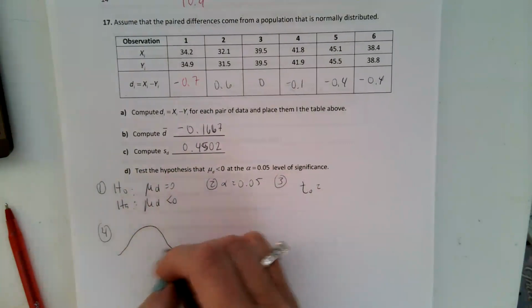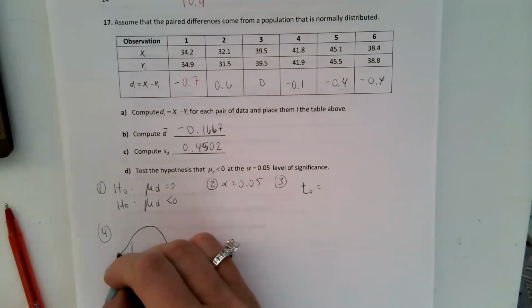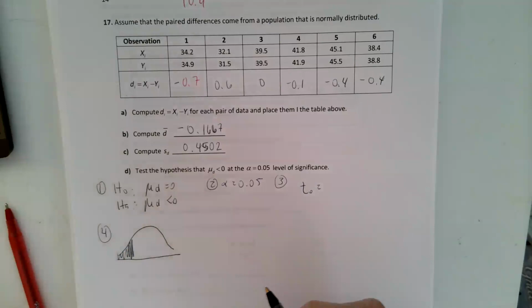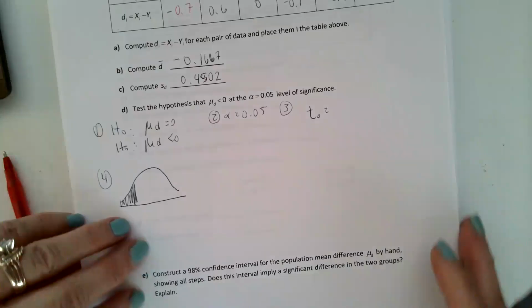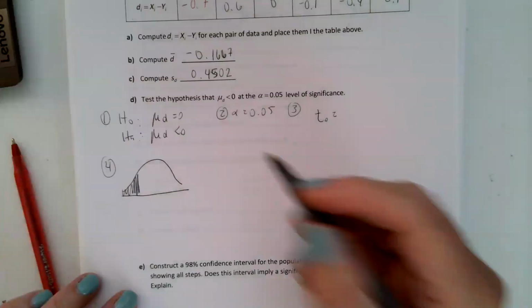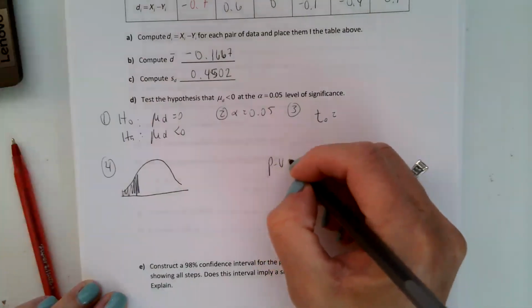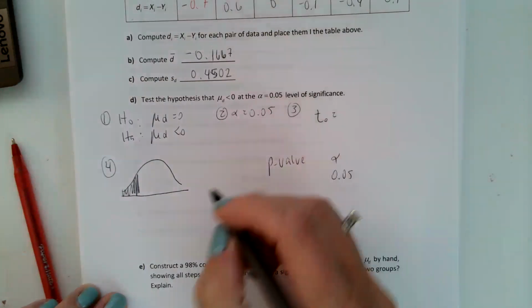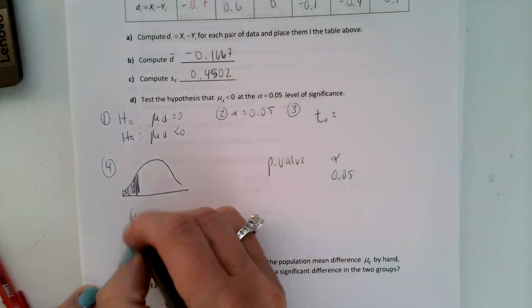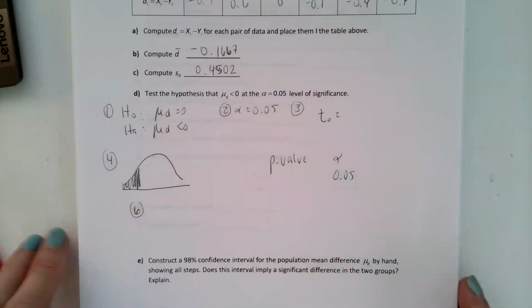This time on our picture, we're going to be shading to the left because it's a left-tailed test. And then always we'll have our p-value, and we'll compare that to our alpha, and then we'll have a step 6.